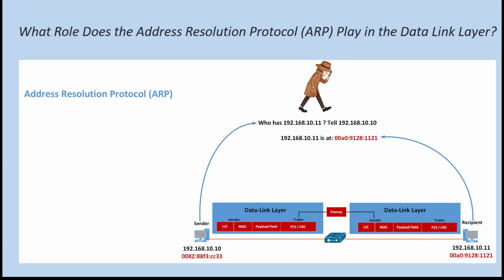Just like a pro investigator, think of it as the Sherlock Holmes of the data link layer, making sure every device can be identified and communicate smoothly. Some folks might argue about where this detective fits in the networking hierarchy. But in practical terms, it's a key player ensuring your local network communication is as reliable as a well-solved mystery.